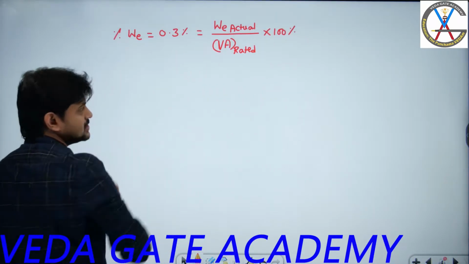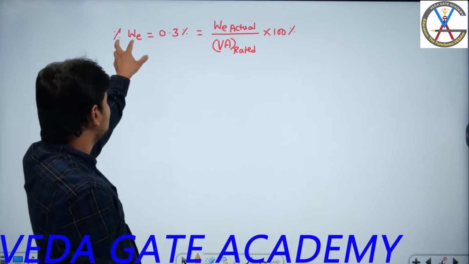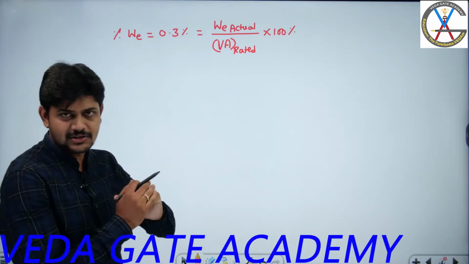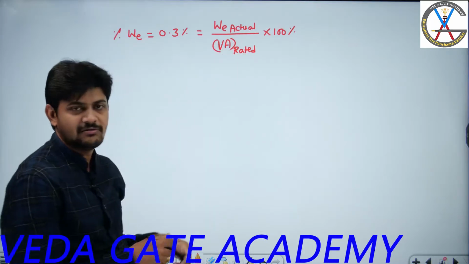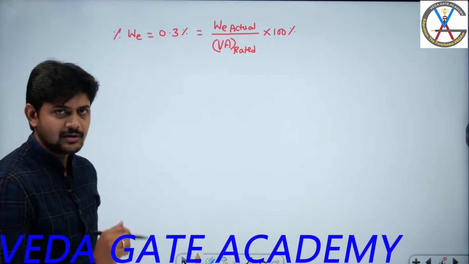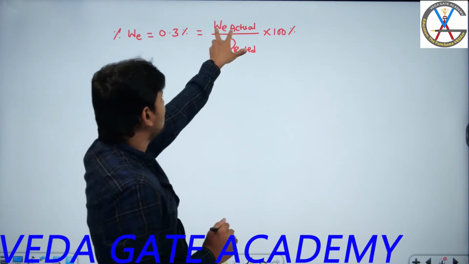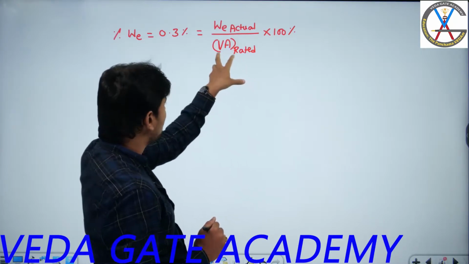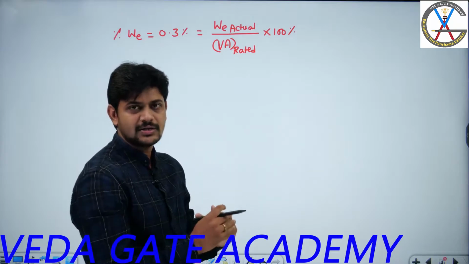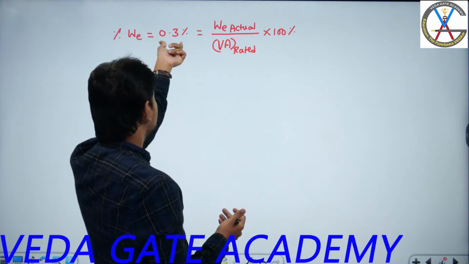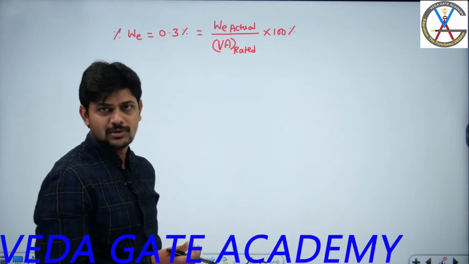That will give you percentage eddy current, right? Are you following? Now, if I know what will happen to the actual eddy current losses and what will happen to the kVA rating of the transformer from original condition to new condition, then I can say by how much factor these eddy current losses will increase.